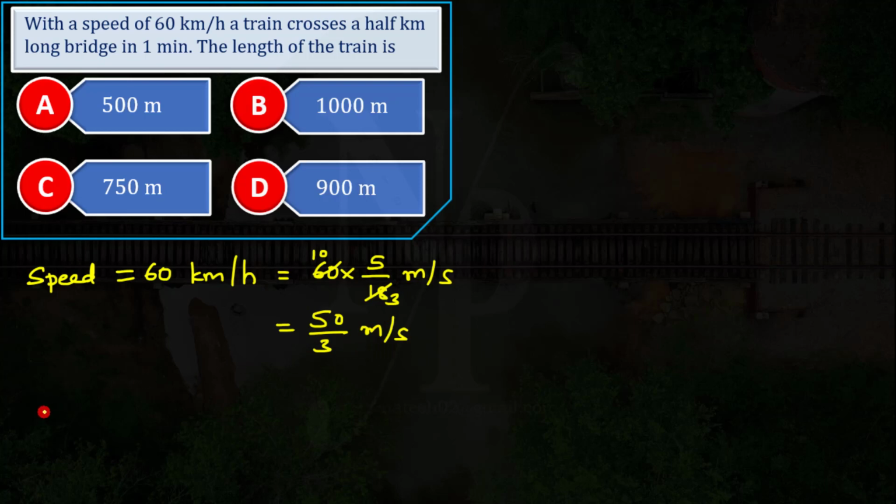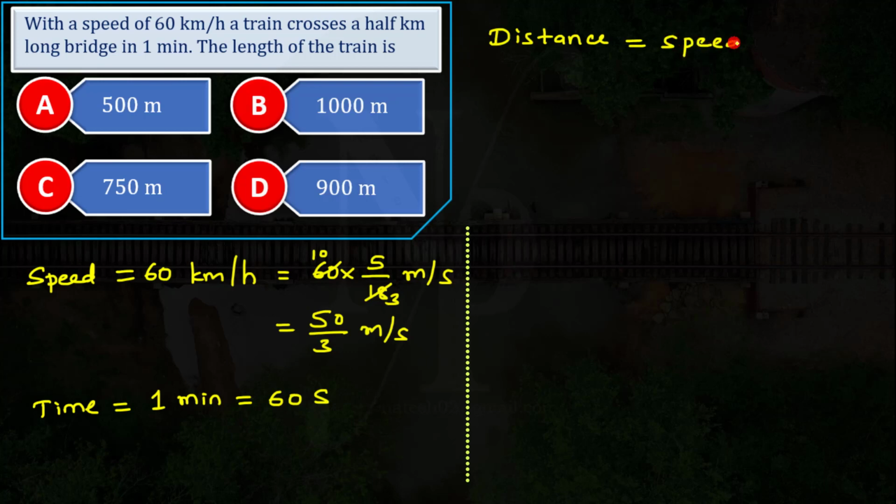Time taken by the train to cross the bridge is given. So time is 1 minute, which is equal to 60 seconds. Now to calculate the distance traveled by the train in 1 minute, I use the formula distance is equal to speed into time.